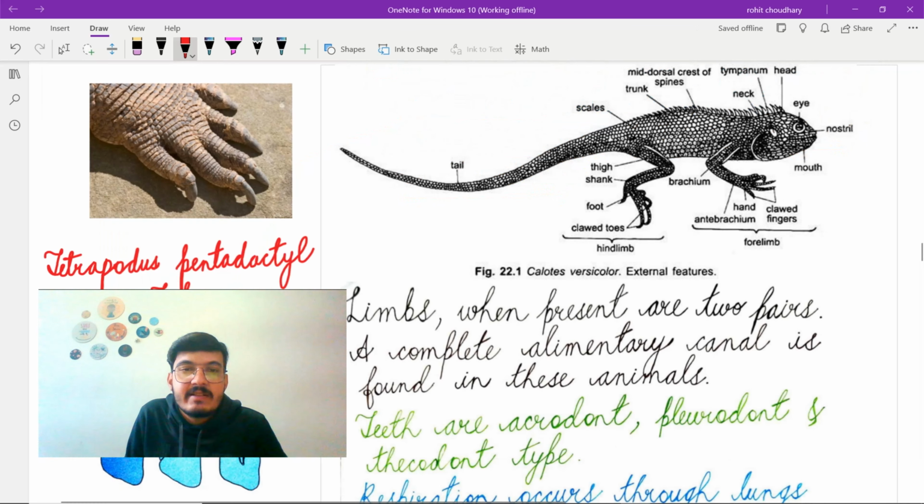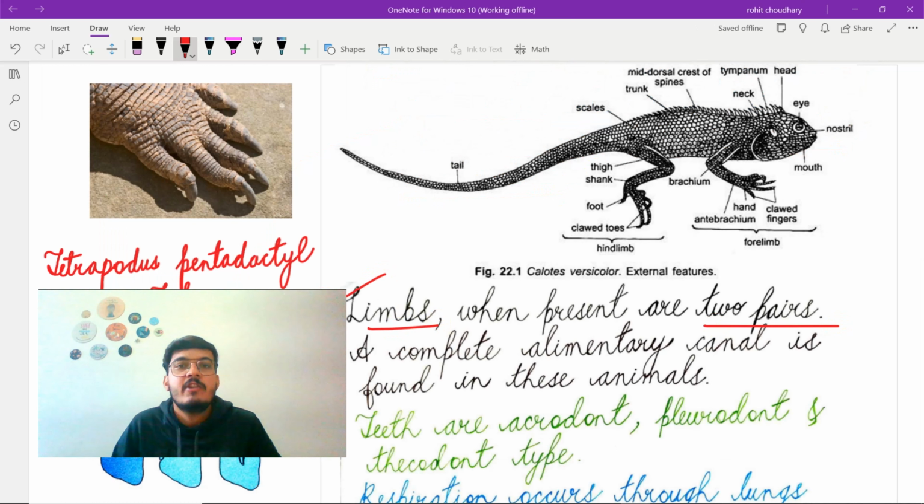The next characteristic feature is limbs, when present, are two pairs. So there are two pairs of pentadactyl limbs and each limb has 5 digits. As we can see, this is a limb showing 5 digits: 1, 2, 3, 4, 5. And the digits are with claws.